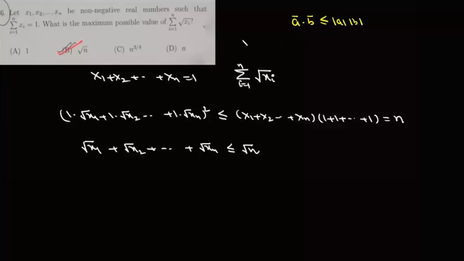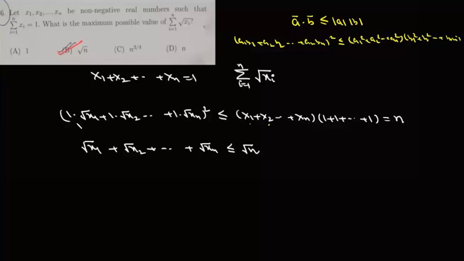We generally write this inequality as (a1 b1 plus a2 b2 plus an bn) whole square is less than or equal to (a1 square plus a2 square plus an square) into (b1 square plus b2 square plus bn square).